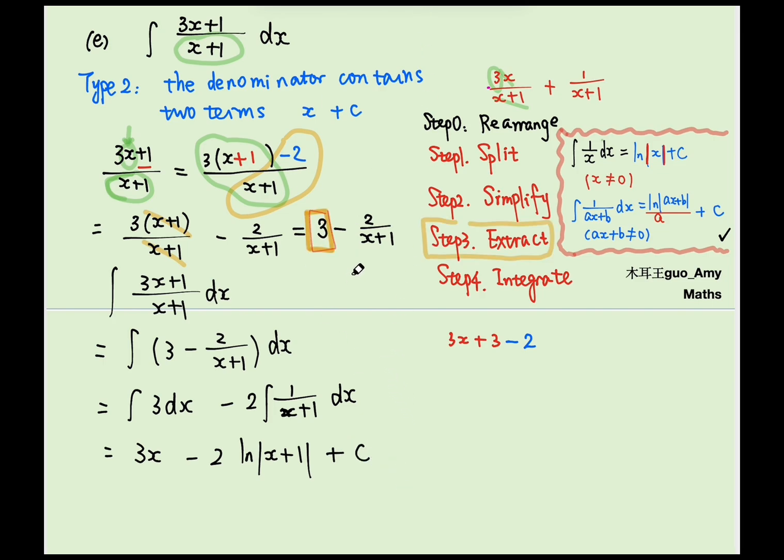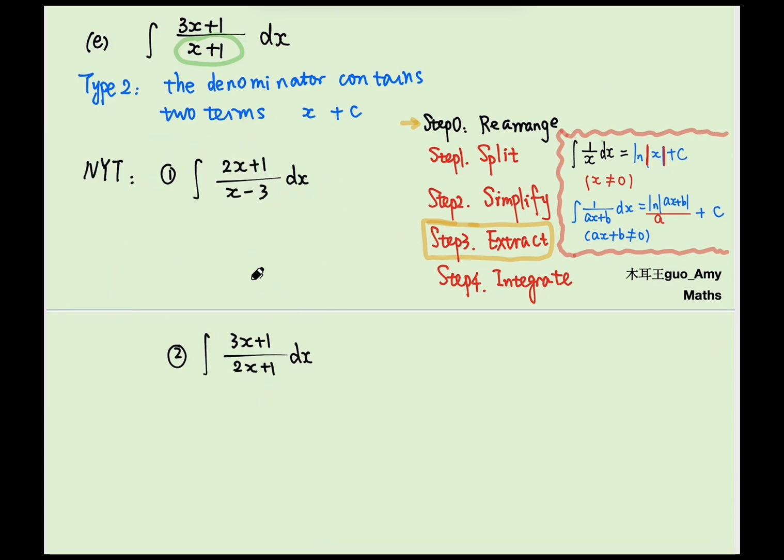So we can see for type 2, we also have to extract the constant, but we have to rearrange the numerator first. Now let's look at the now you try part. For number 1, 2x plus 1 all over x minus 3. Here the denominator is x minus 3 and the coefficient of x is 1. Then we are going to rearrange the numerator in this way.